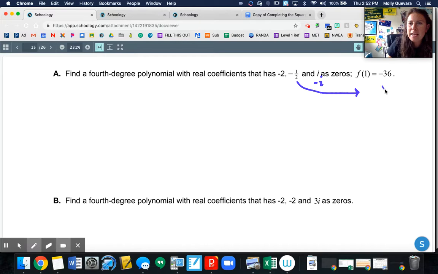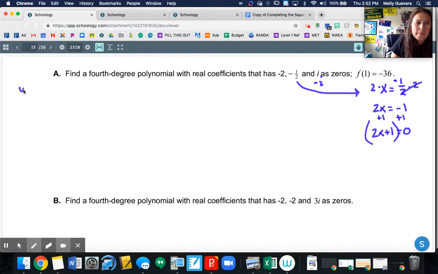If I have x is equal to -1/2, and I want to solve this for 0, I'm going to multiply by 2. I want to get everything onto one side. So I multiply by 2, these cancel, and I get 2x is equal to -1. And then I add 1, and I get 2x plus 1 equals 0. So that is my linear factor.